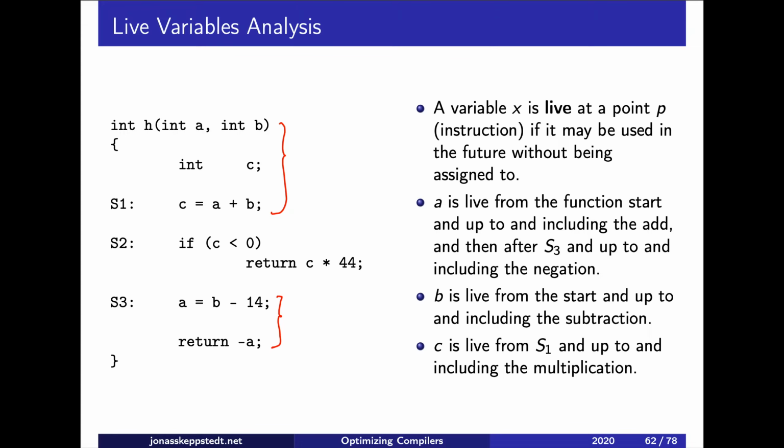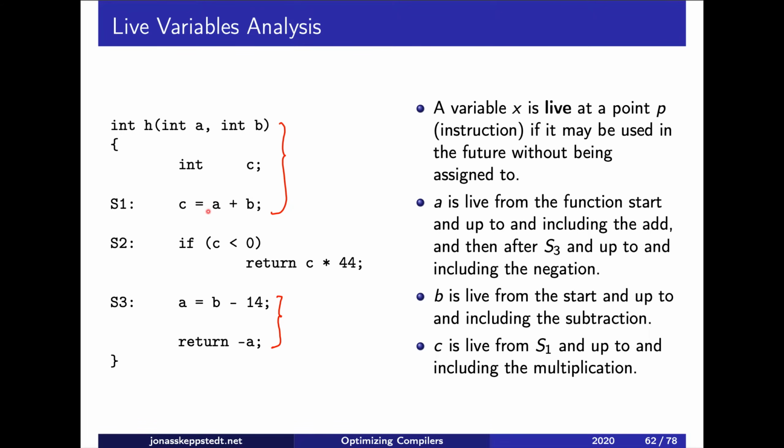I mean, we cannot put all variables in the same register, clearly, and which ones cannot share a register? Well, it is those which are live at the same time. So A and B are live at the same time, so they cannot share a register.